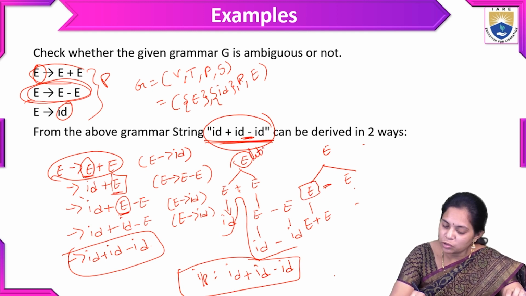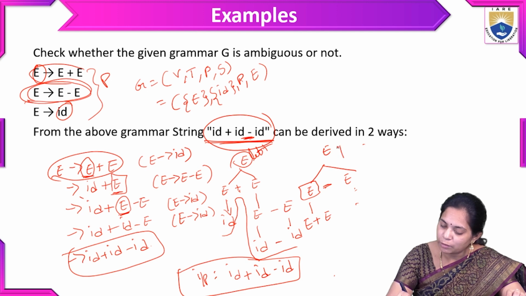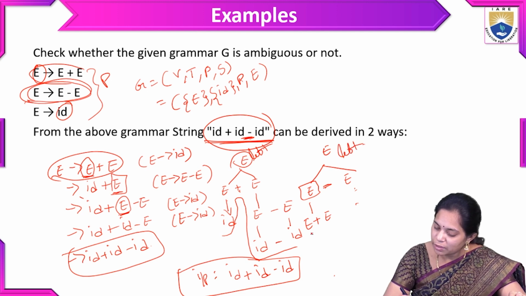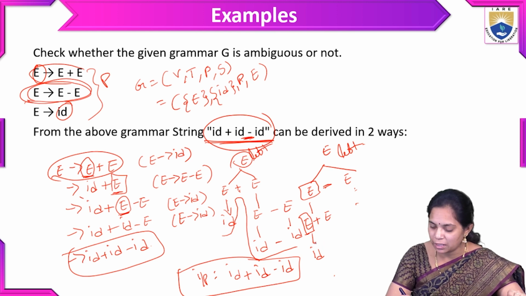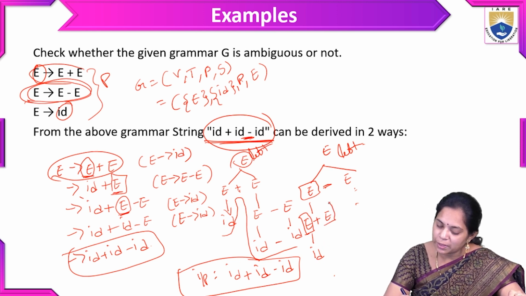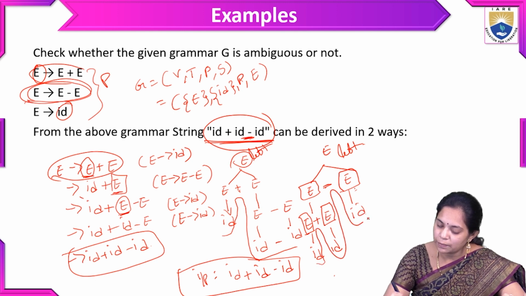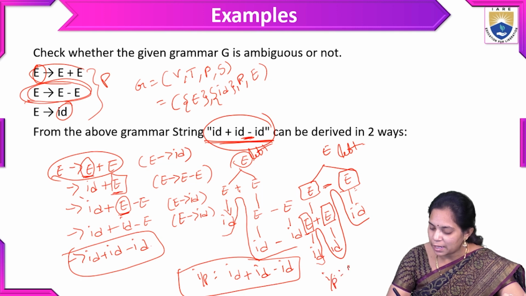In the leftmost derivation, we have to substitute this ID, and this is the leftmost non-terminal symbol. So we replace this E, and after this we replace the other leftmost non-terminal. This is the ID, and after finishing all the leftmost symbols, we move from left to right. So here ID. After this we will get the input string, which is ID plus ID minus ID.